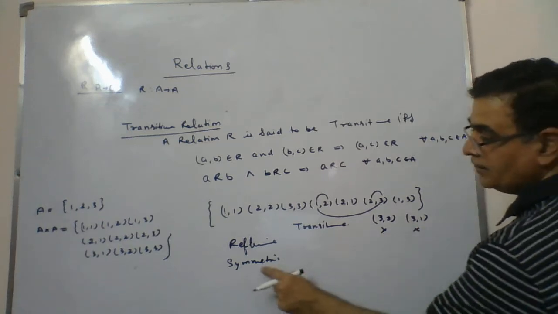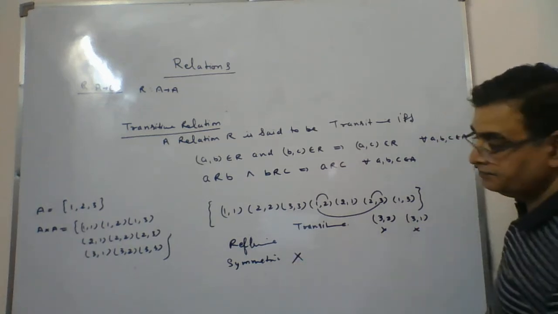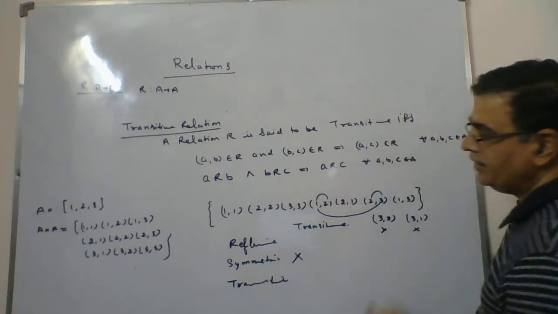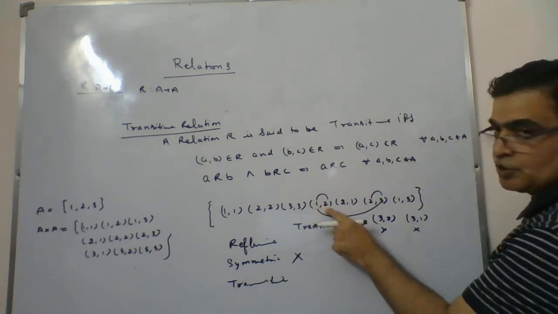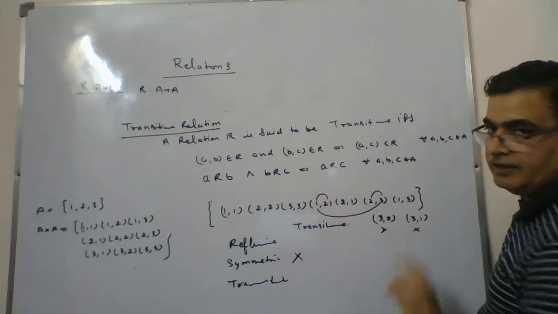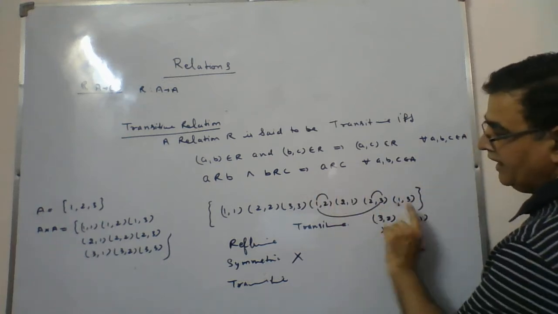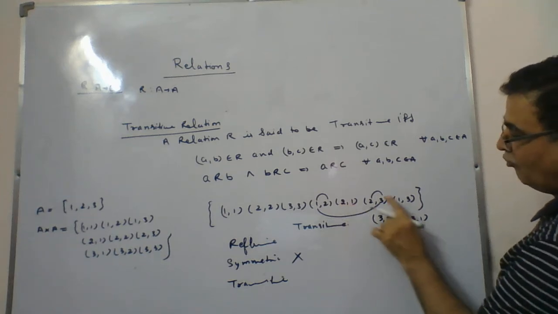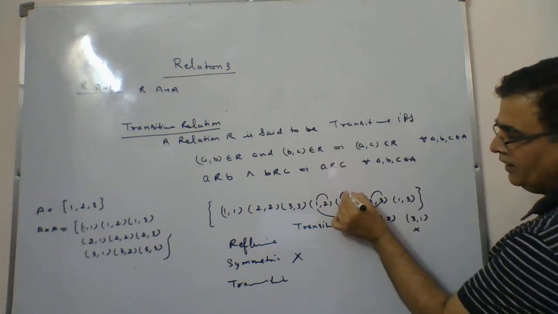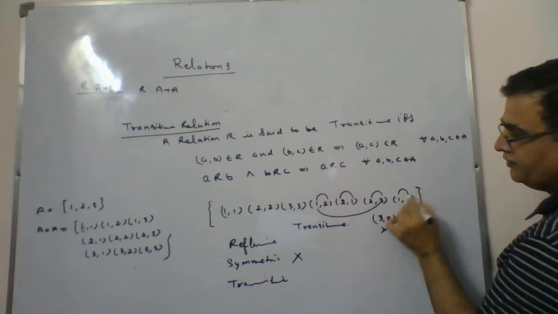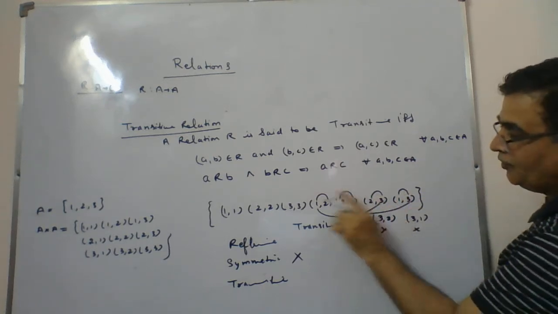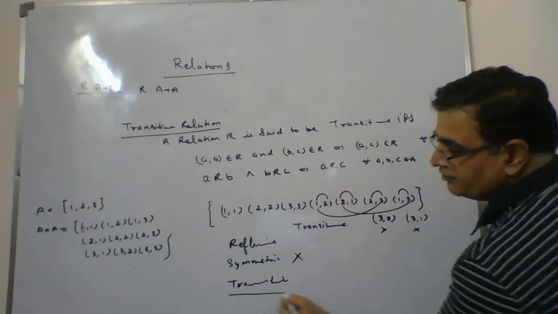So you can't say this is symmetric. But what about transitive? When you take any pair, 1 relates with 2, 2 relates with 3, automatically 1 relates with 3. We are getting it. Any other one? Just check (2, 1), (1, 3): 2 relates with 1, 1 relates with 3, then are 2 and 3 related? Yes, it is also there. So yes, it is a transitive relation.